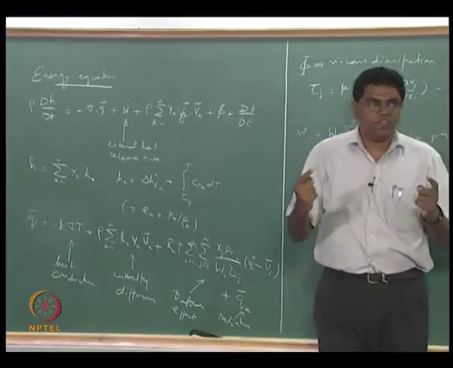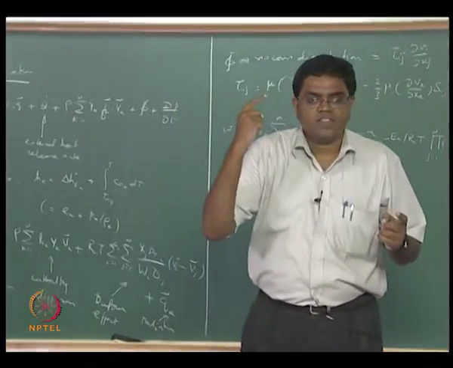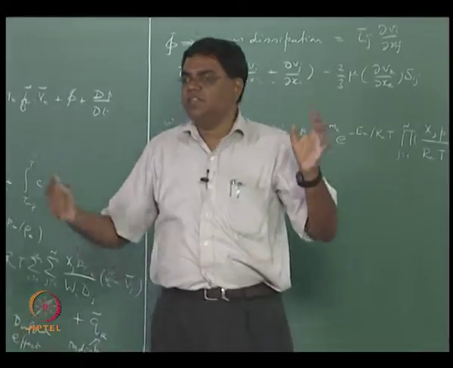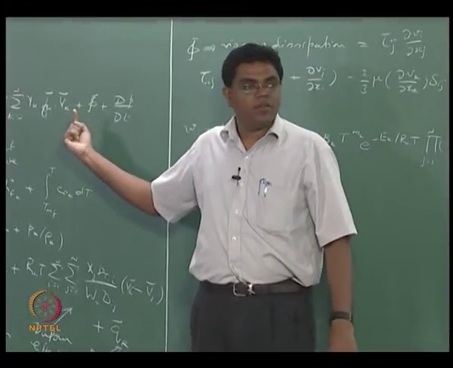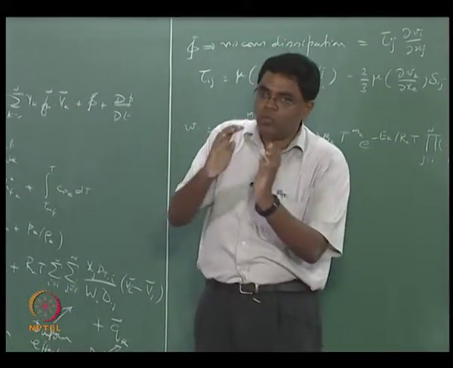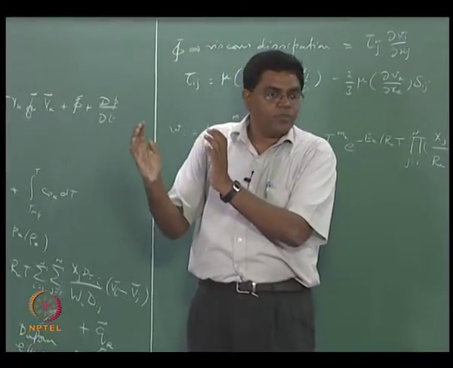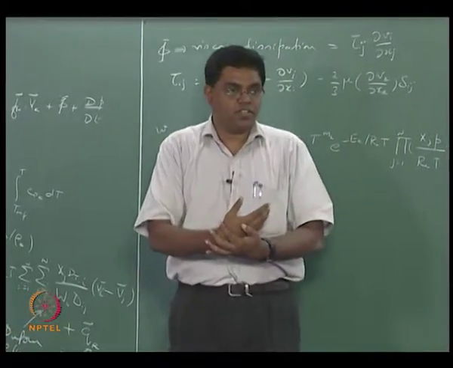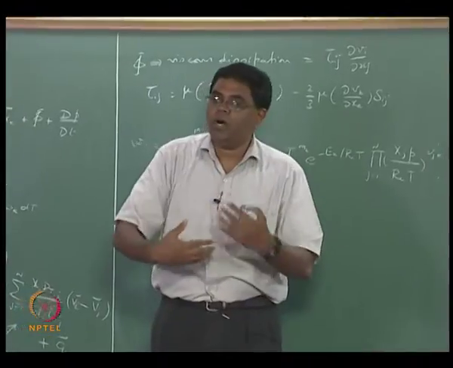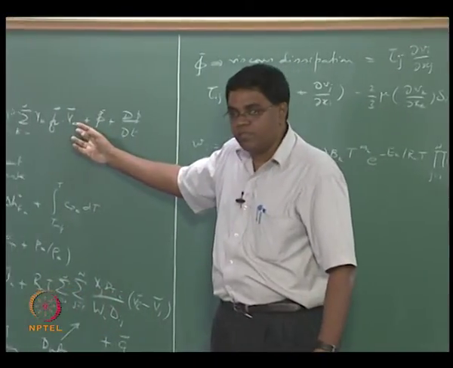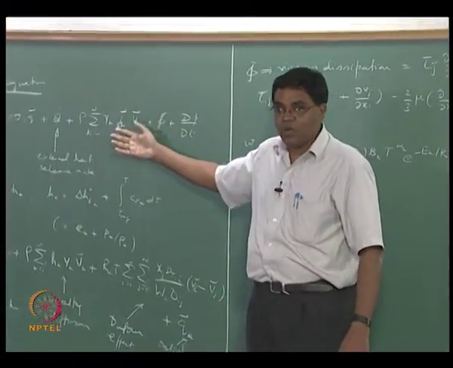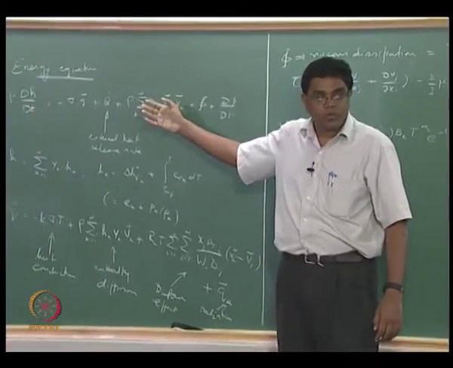So the species velocity is nothing but the mixture's average velocity plus the diffusion velocity, and we subtracted only one part of it, which corresponds to the mixture average velocity, but there is still another part that is remaining, which is based on the diffusion velocity. That is the reason why we are getting this, okay.